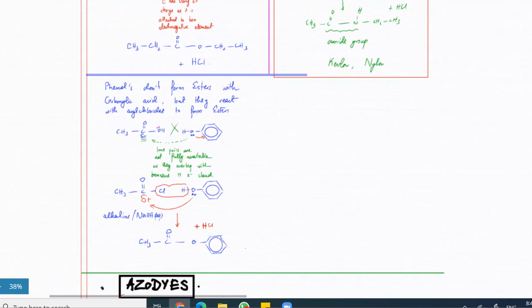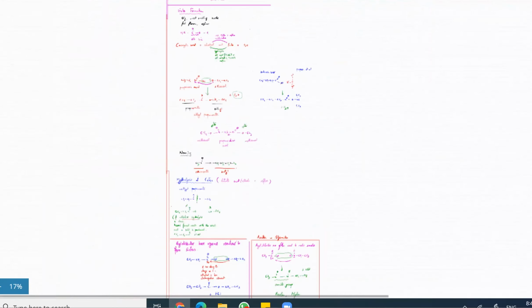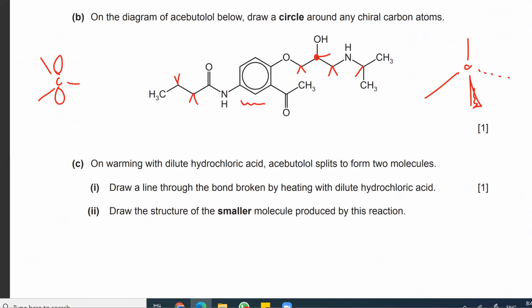So anyways, this is formation of esters. I'll just quickly tell you. Whenever you have an amide, which is C double bond O and NH, and you heat it with an acid or with an alkali, there's acidic hydrolysis, there's alkaline hydrolysis. This thing will break.